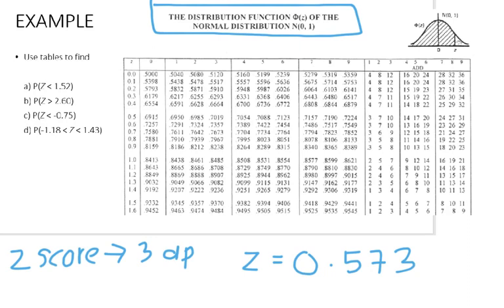The most important thing you need to know to use the table for this chapter, to find the probability for a continuous variable, is that you need to have 3 decimal places for the Z score value. If you have very long decimal places, you need to round it up or round it down to 3 decimal places. Always 3 decimal places.